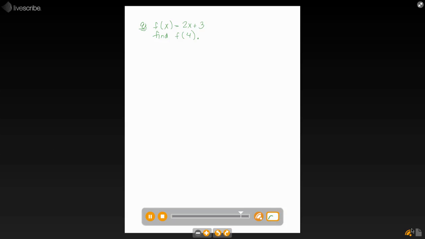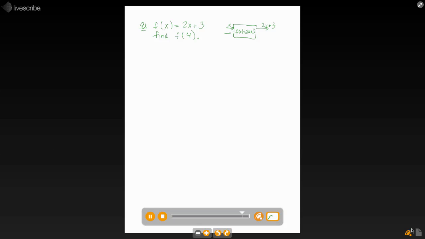What this means is you have a black box. We're naming it f. And what f does to things is what? It multiplies the input by 2 and then adds 3 to that. So if you stick in an x, what's it going to do to x? It's going to double it and add 3. 2x plus 3 will come out.